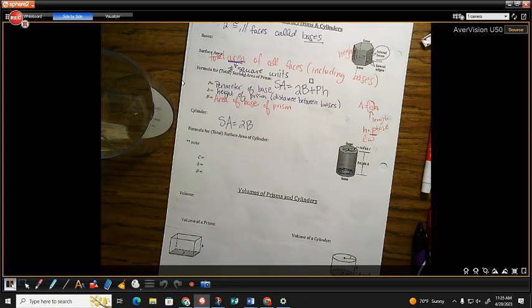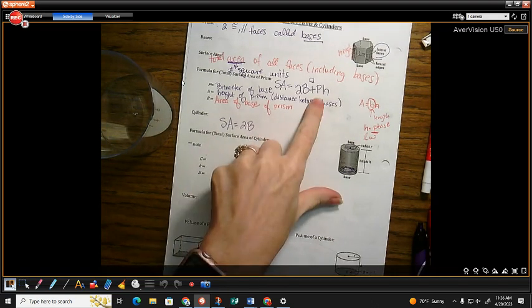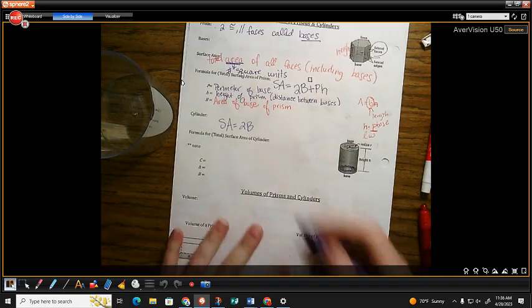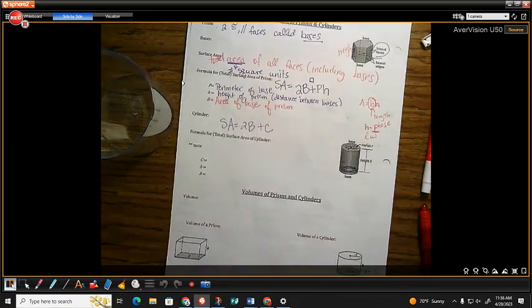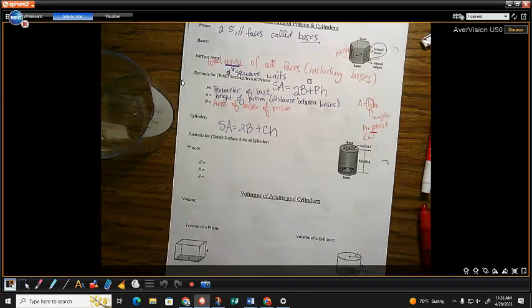What is the length of that rectangle? The perimeter of the circle. But what do we call the perimeter of a circle? Circumference. And then times the height to make a rectangle. Are they basically the same formula?